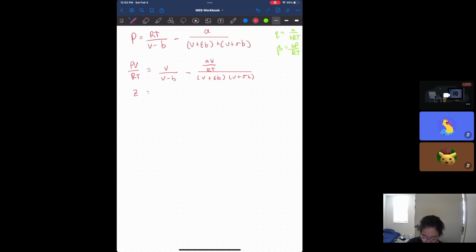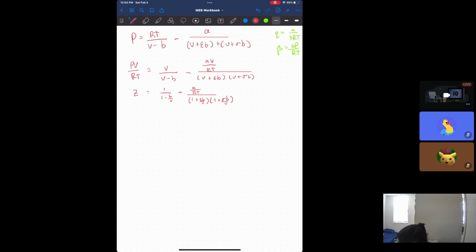So, z equals 1 over 1 minus b over v, minus a over rt, all over 1 plus epsilon b over v, 1 plus sigma b over v.